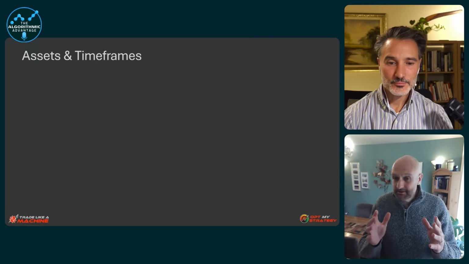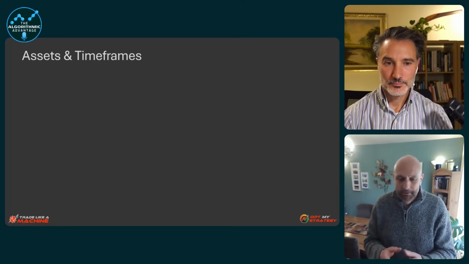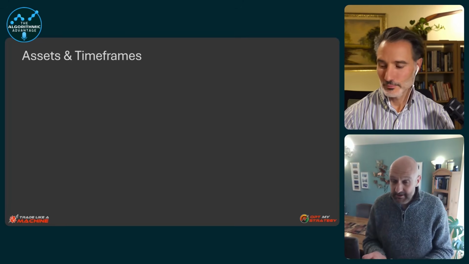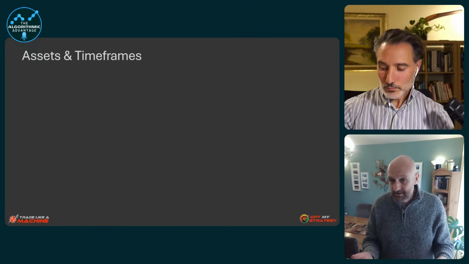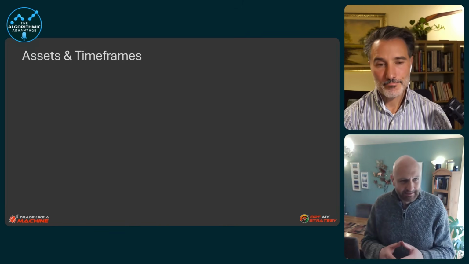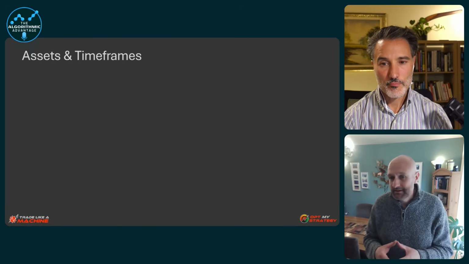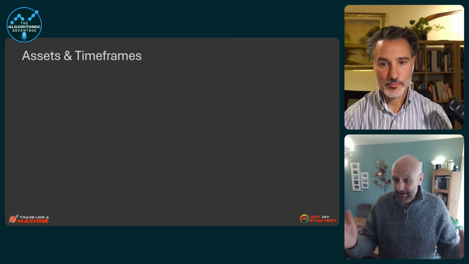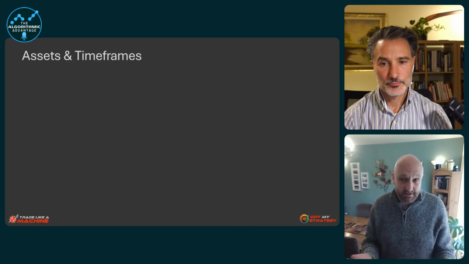So coming back to the point you rightly just made, there are things you can do in order to increase the sample size and therefore statistical significance of the results you're seeing. And relatively easy ways of doing that are, as you said, by increasing the number of assets that you're performing your analysis on.